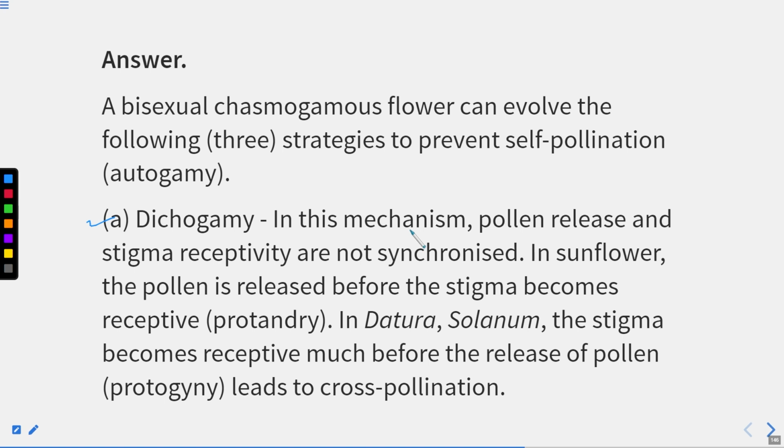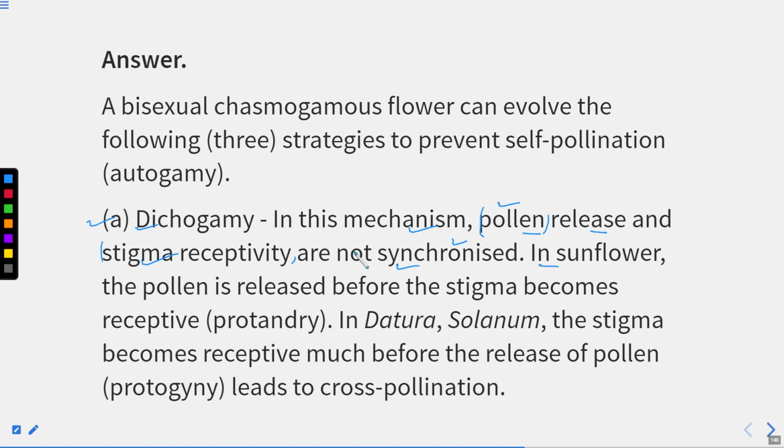In this mechanism, the pollen release and the stigma receptivity are not synchronized. Normally the pollen release and stigma receptivity should be synchronized, and only then can pollination or fertilization take place. But in dichogamy, there is no synchronization between them.